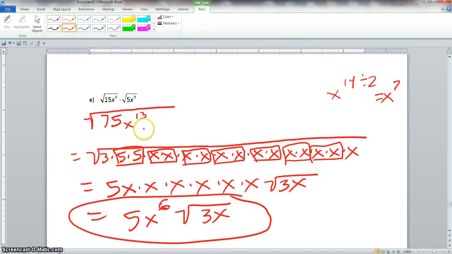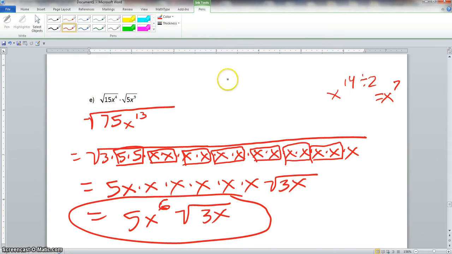Now using this here, we had 13 x's. Now if you notice here, we ended up with x to the 6th, right? Now if we would have added in that 14th x, that would have taken us to x to the 7th. So this actually works. Now we know whenever we divide an odd number by 2, we always have a remainder of 1.